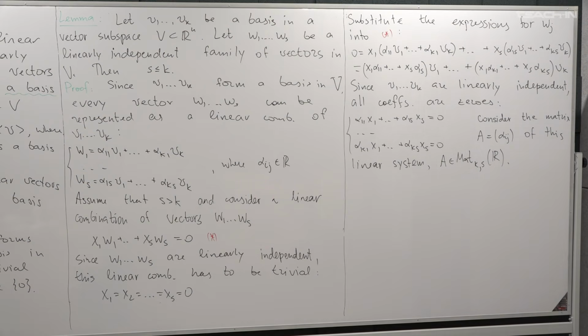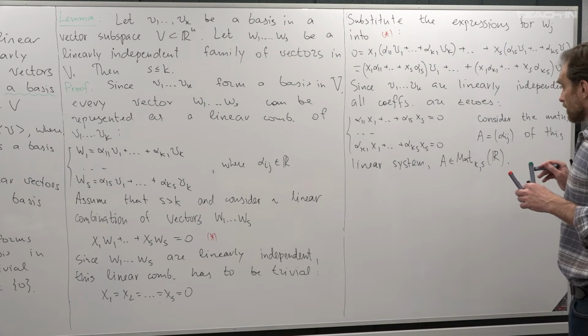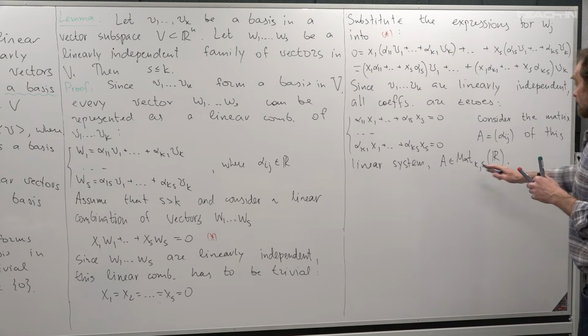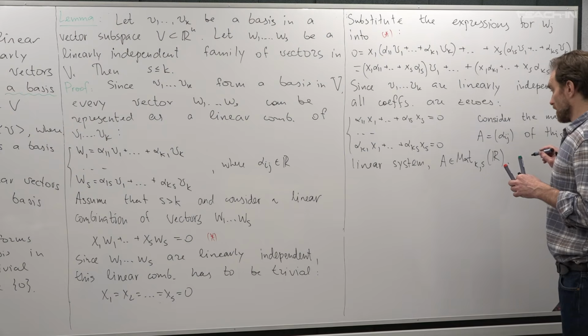According to our assumption, s is greater than k, so the number of columns in this matrix is greater than the number of rows.